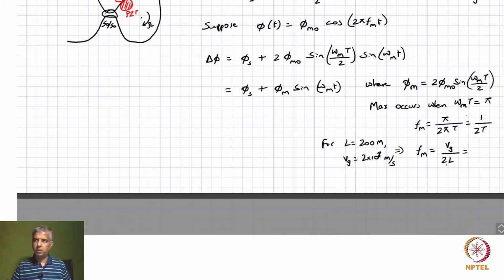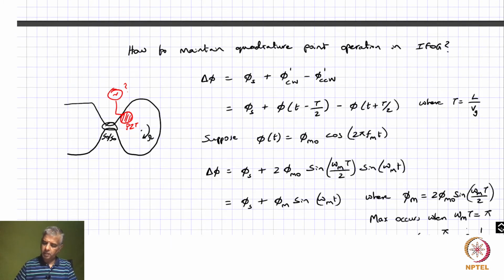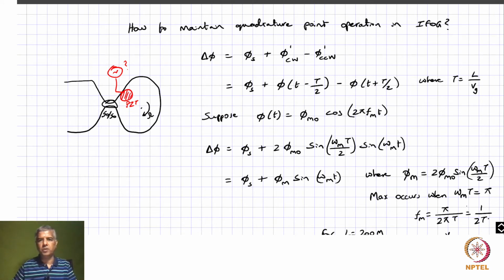So, that is about 0.5 megahertz, or rather it is 500 kilohertz. So, what it says is that if you use Fm equals 500 kilohertz, then you could achieve operation at the quadrature point. You can maintain quadrature point operation as far as the IFOG is concerned. Okay. So, that is one of the keys.